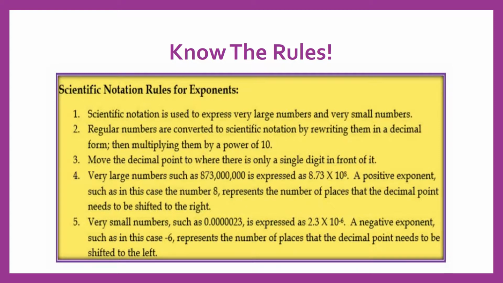So let's look at examples 4 and 5. Here we have a very large number, 873 million, expressed in its scientific notation form as 8.73 times 10 to the 8th power.